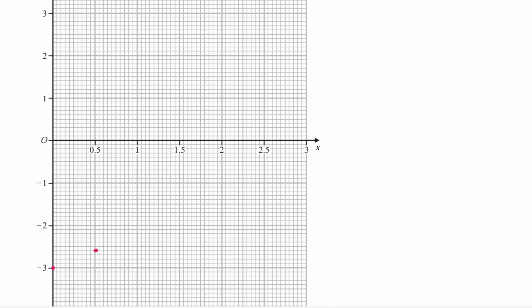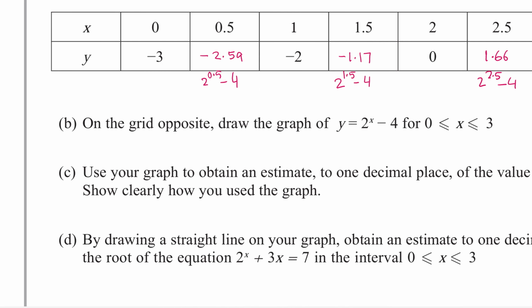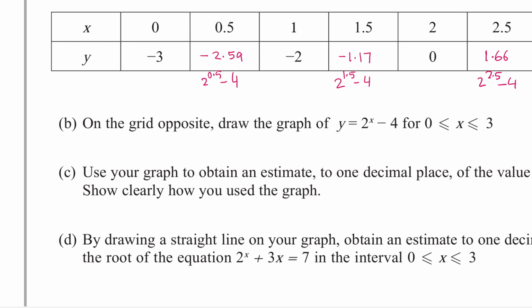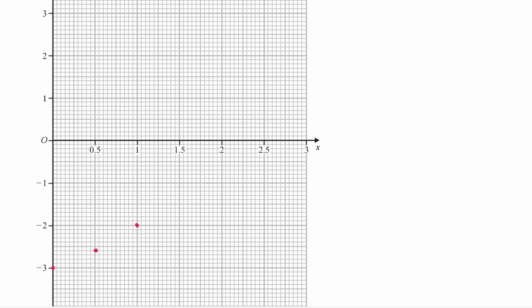Then x is 1, y is minus 2, so 1 and minus 2 is here. And then x is 1.5, y is minus 1.2, which is here.